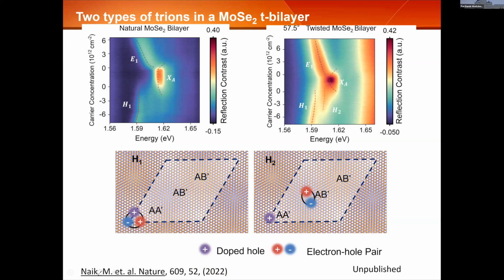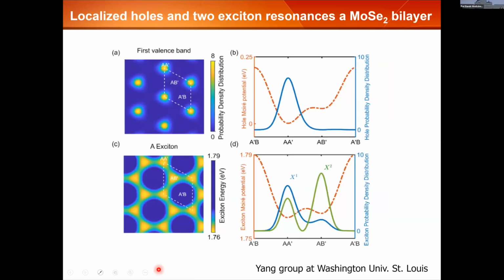So this interpretation is supported by first principles calculation. This is a simulation done by Li Yang's group at Washington, where when they look at the hole distribution, the hole experiences a particular moiré potential and leads to a highly localized hole at the AA stacking point.